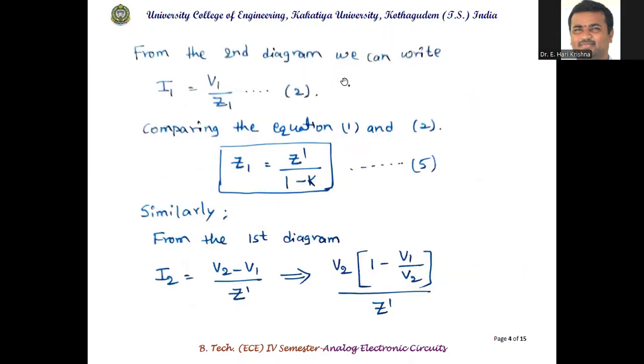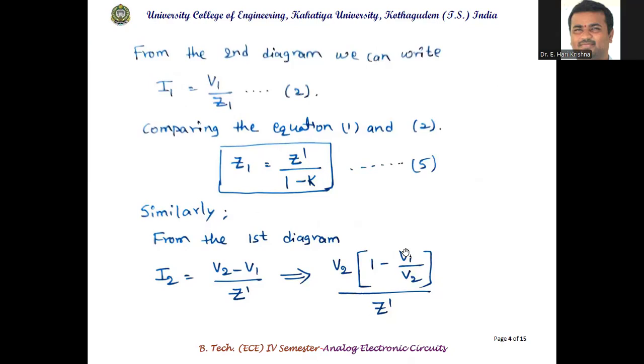From the second diagram, we can write I1 is equal to V1 by Z1. Comparing equations 1 and 2 leads to Z1 is equal to Z dash by 1 minus K. Similarly, from the first diagram, we can write I2 is equal to V2 minus V1 by Z dash. Taking common V2 from the numerator, 1 minus V1 by V2, by Z dash.